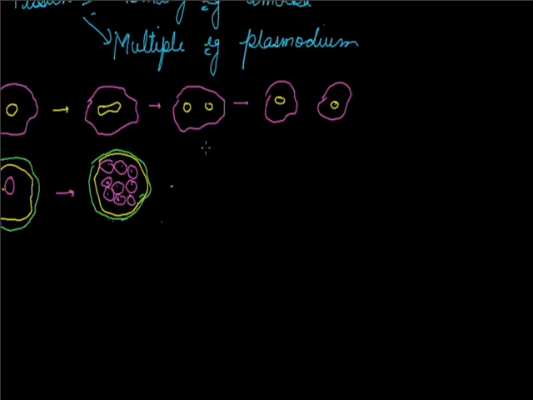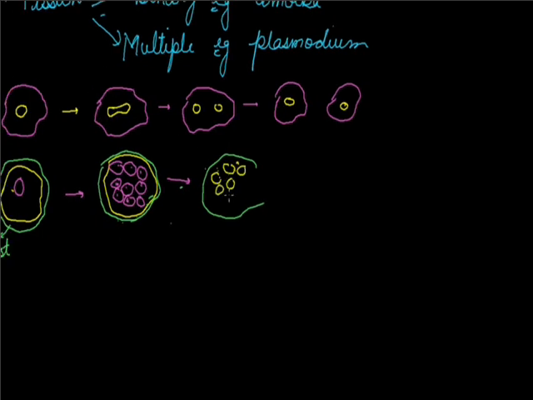Finally, this cyst is broken down, and the cells are released into the environment, which further causes malaria. These are the new offsprings.